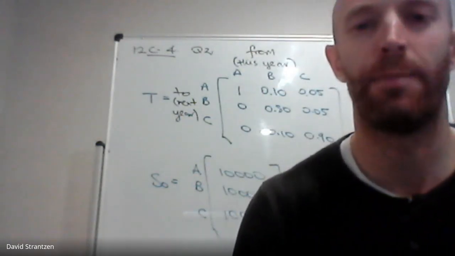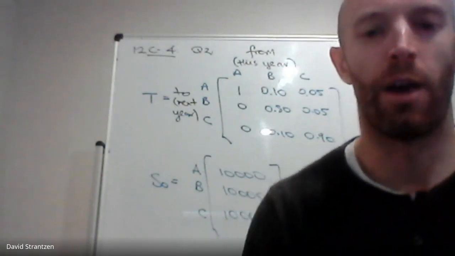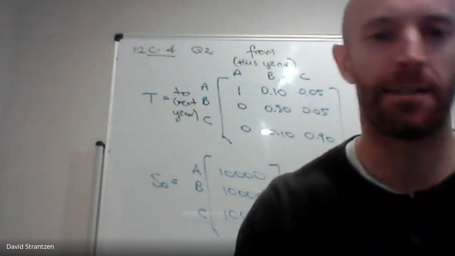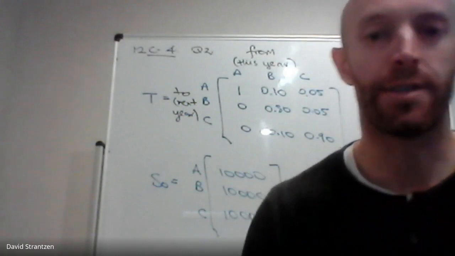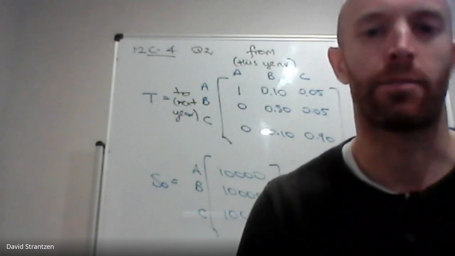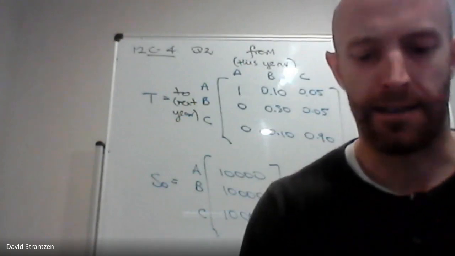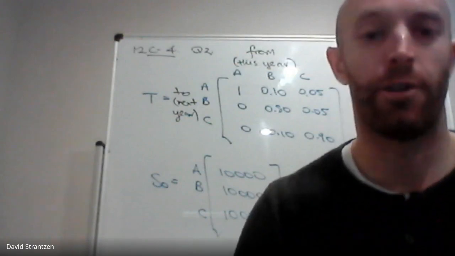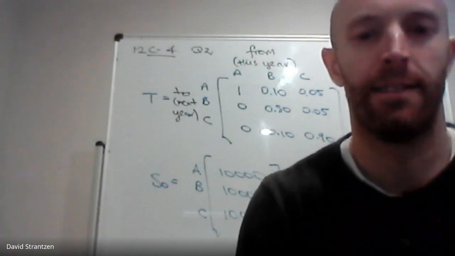So in 12C part 4, we're going to look at more complicated situations where over time we're either adding to the total number of cars or items or whatever it might be, or we might be reducing the number of cars or items. In the case of a car rental company, they might purchase new cars on a regular basis, so they've got more cars to rent out.